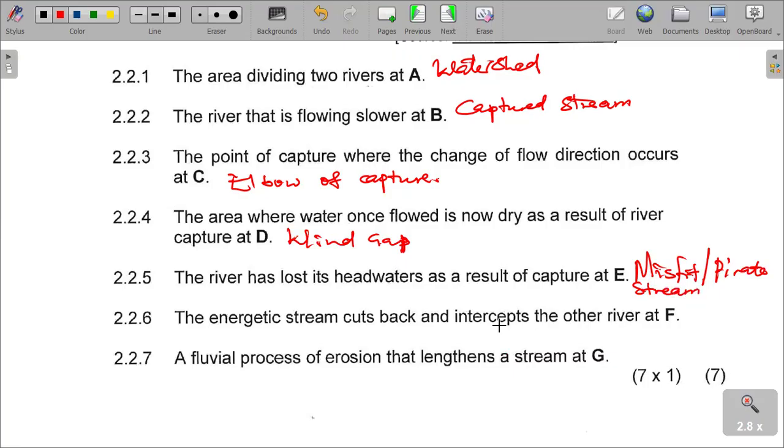And then the energetic stream that cuts back and intercepts the other river at F, we call that the captor. We call that what? The captor stream. Sorry, just to correct something here. We call that a captor stream.